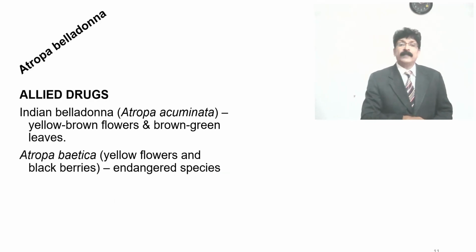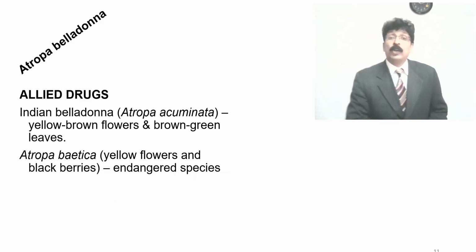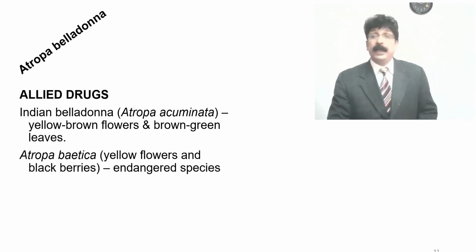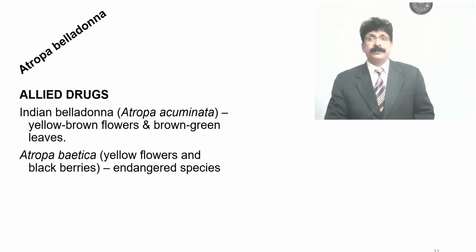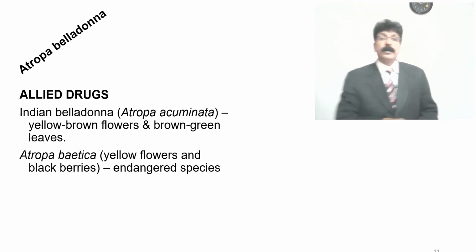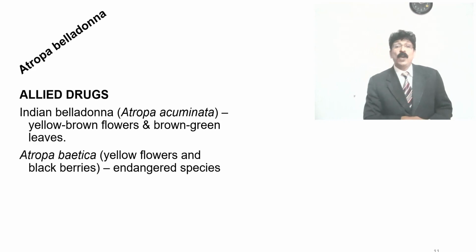Atropa belladonna allied drugs: Indian belladonna, Atropa acuminata, which even the United States Pharmacopoeia accepts. It has yellow-brown flowers, not purple flowers, and brown-green leaves. Atropa baetica has yellow flowers and black berries. This is an endangered species.